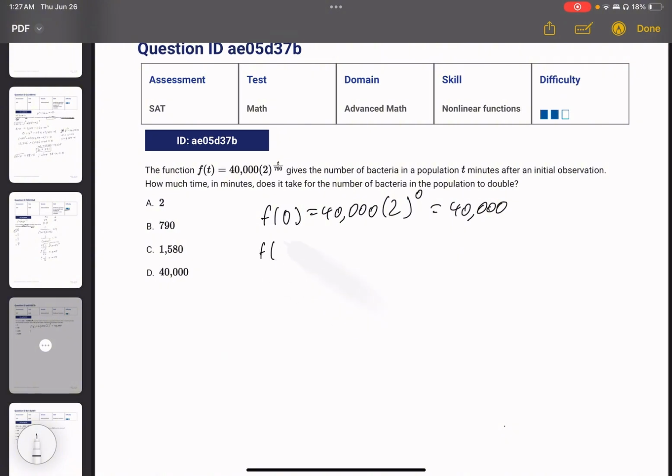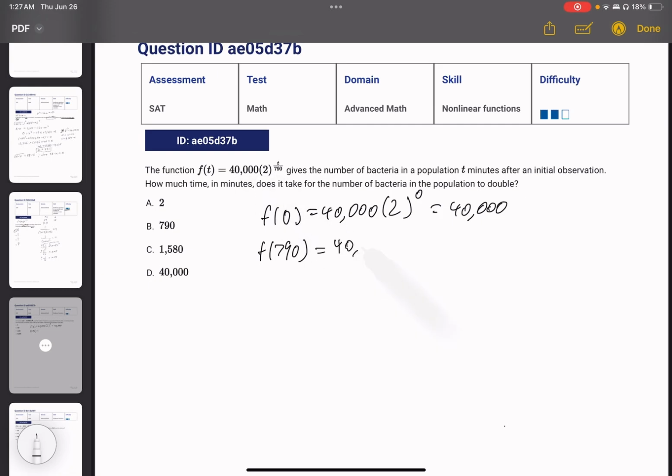So what we're going to do is plug in 790. Because I see right here, if we plug in 790, we're going to get 790 over 790, which is 1. Then 2 to the power of 1 is 2. And then we get 2 times 40,000, which is double.